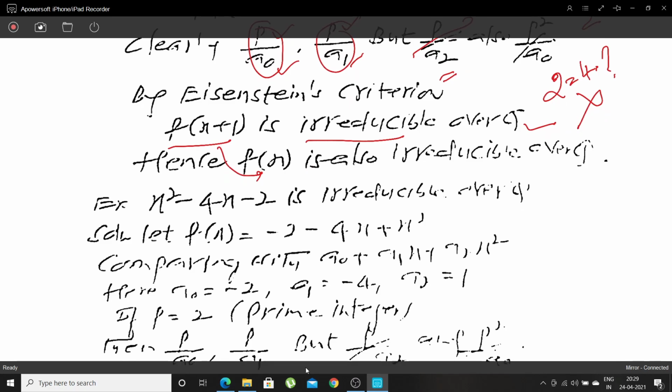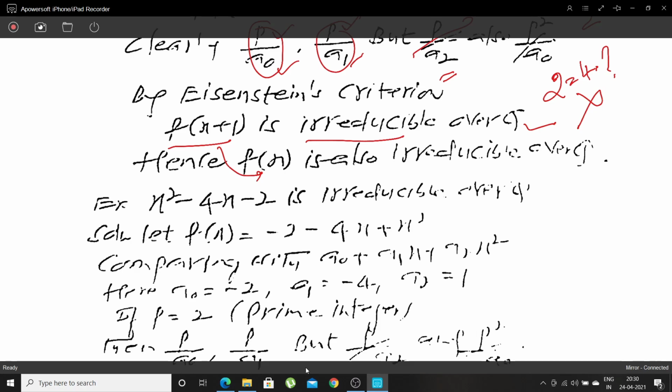Here we are, listen to my words carefully. Here we are solving the example by using the theorem, not by the traditional method. In the examination, you may follow the traditional method or the theorem, that is the Eisenstein criterion theorem. Listen to my words carefully.